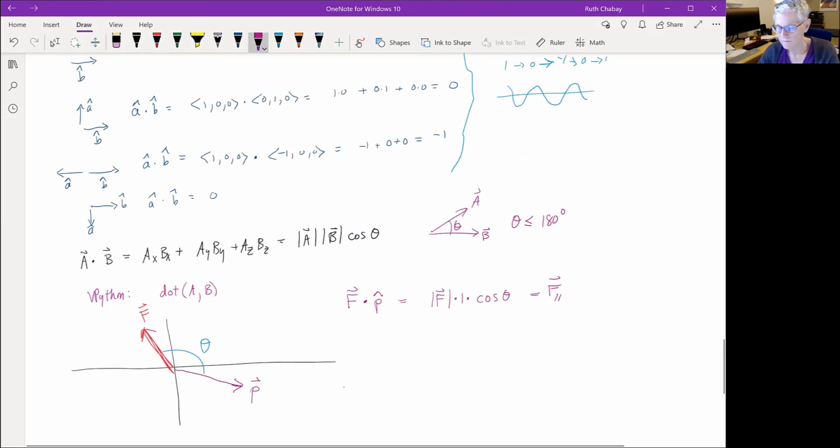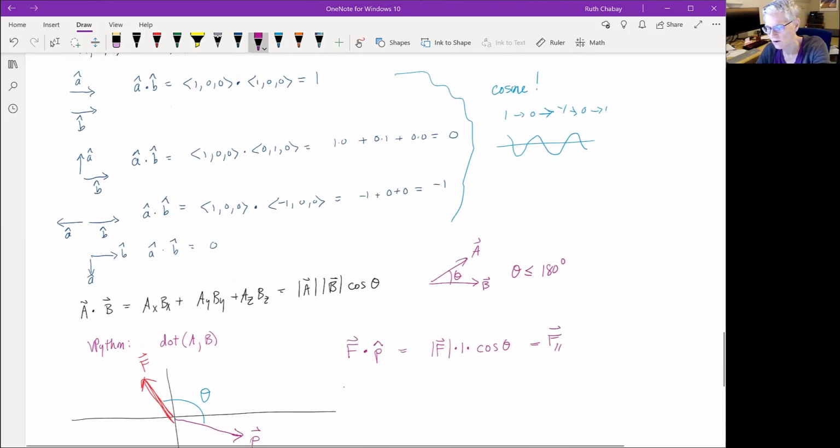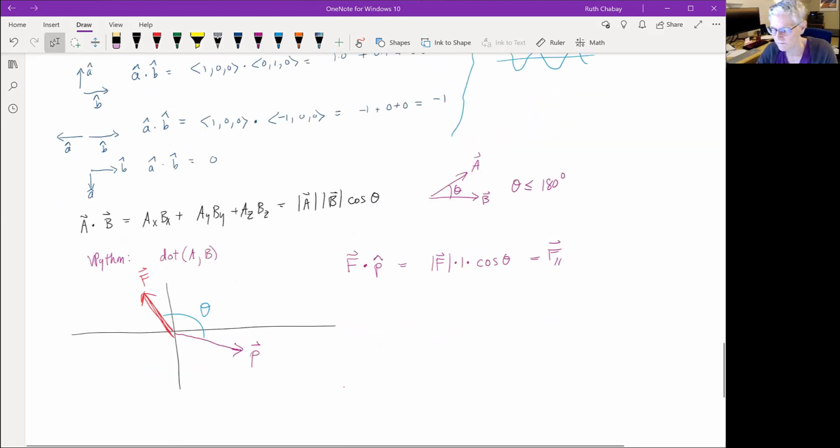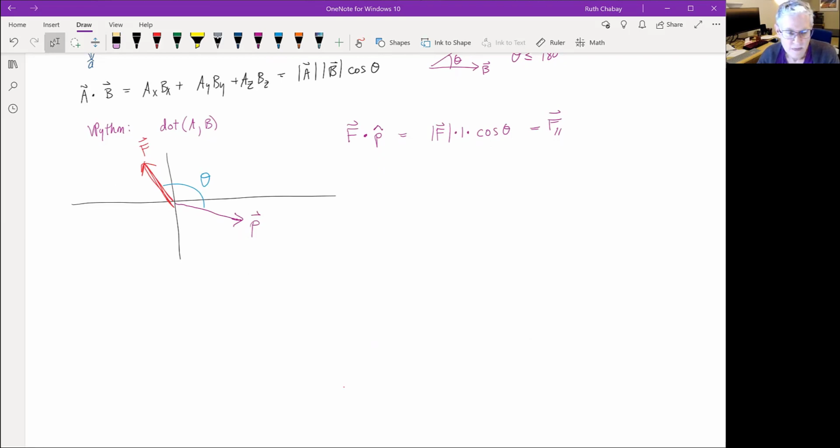Because remember, when two vectors were parallel, the cosine of the angle between them was 1, and we got 1. So that's F parallel. And then just to get F perpendicular, we just take F minus F parallel to get F perpendicular. So let's try it and see what we get.